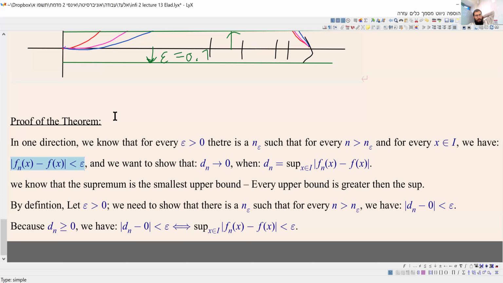What is the only technical problem? If epsilon is an upper bound of fn(x) minus f(x), it is greater or equal to the sup. It can be the sup itself. And formally, we want epsilon to be greater than dn. We probably know, from the homework or the practice, that if we change epsilon greater than the expression to epsilon greater or equal than the expression, it's the same.